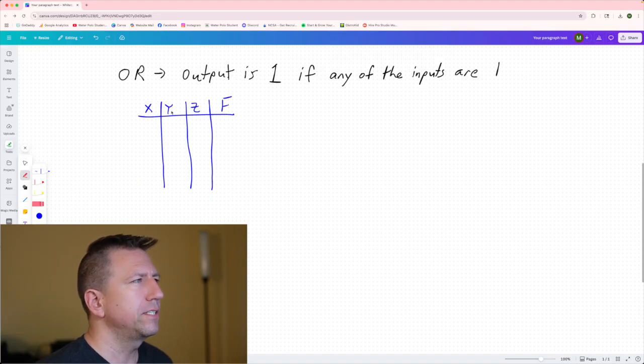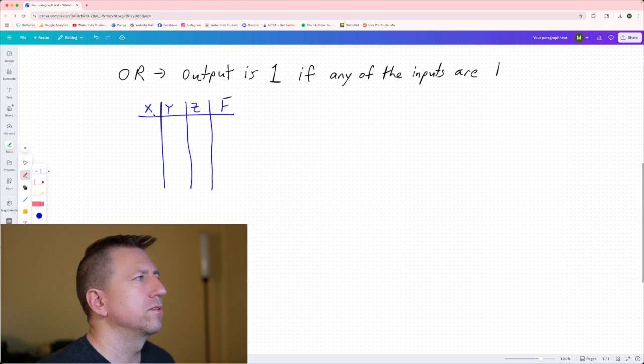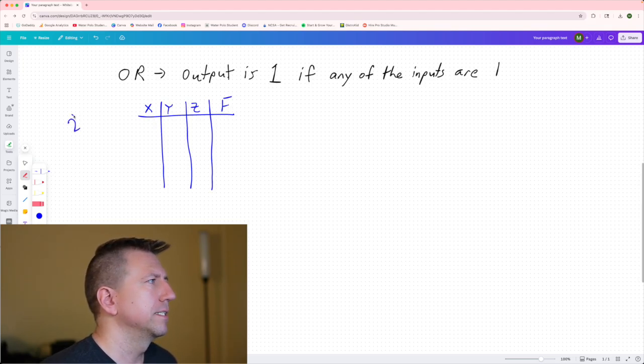And then for each of those Z's, we can have 2 different Y's, so that's 2 times 2, that's 4 rows. And then for each of those combinations of Z and Y, we have 2 different X's, so we multiply by 2 again. So that's going to be 8 rows. And so we have 2 to the n rows, where n is the number of inputs.